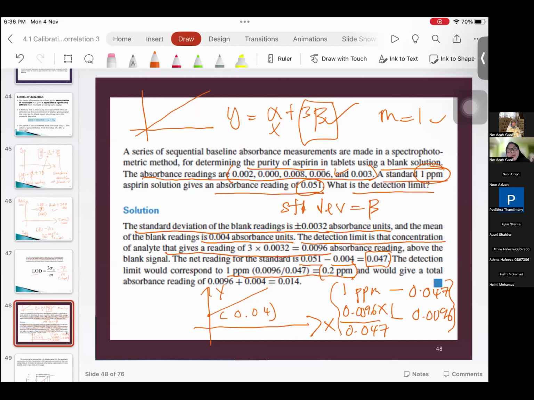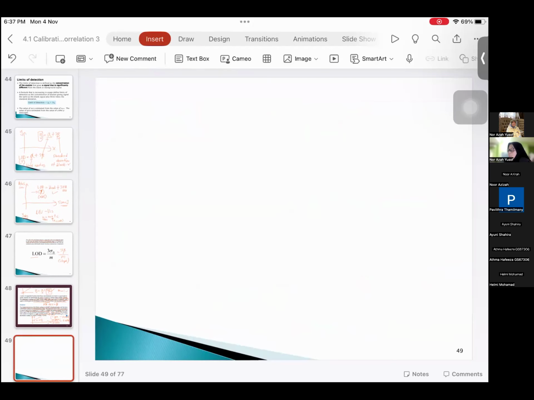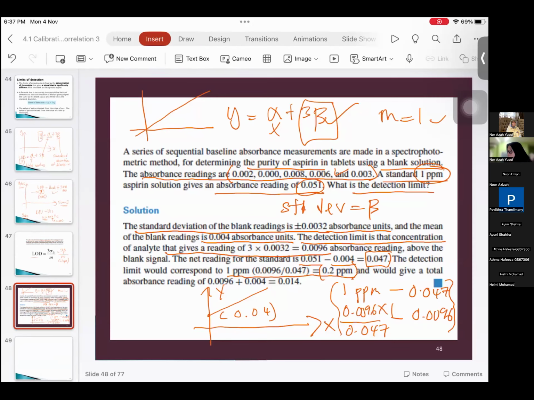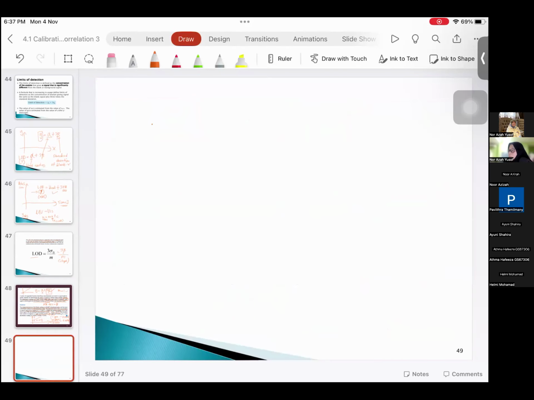It's not that difficult. 0.047, this is the absorbance reading for the 1 ppm concentration. This is known from the question.